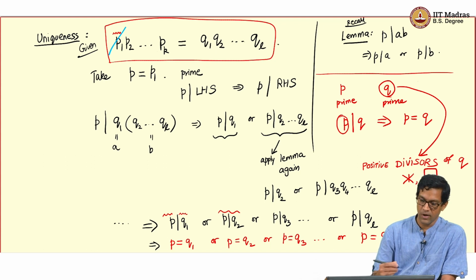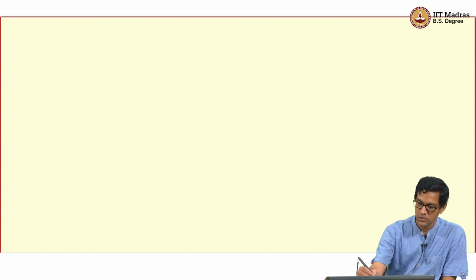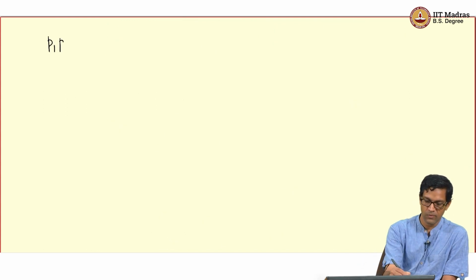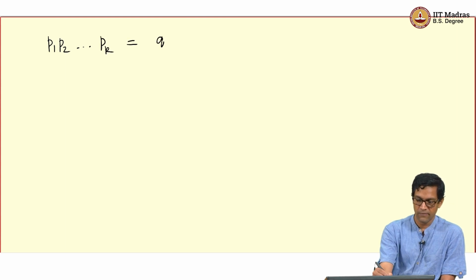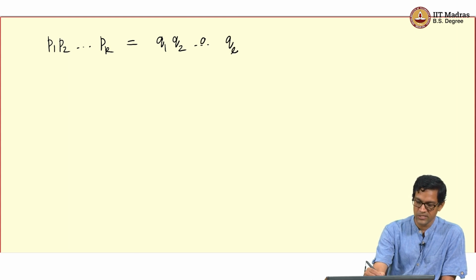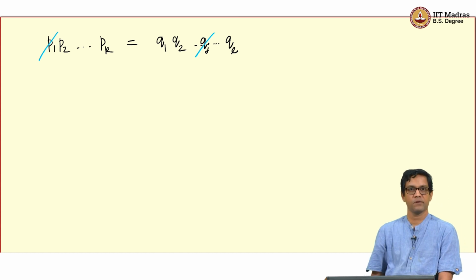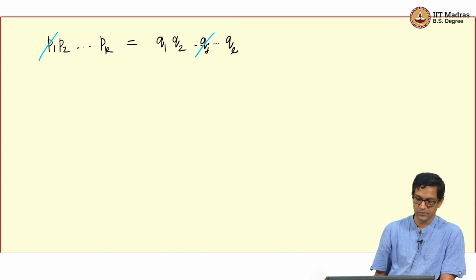So, I take P1, so maybe I should just rewrite this whole thing again. So, I will say I have P1, P2, up to Pk, then I have Q1, Q2, up to Ql on the other side, and I know that this P1 is the same as one of the Qs, let us say it is Qj, okay. So, what we like to do is to cancel the same term which occurs on both sides of the equation.